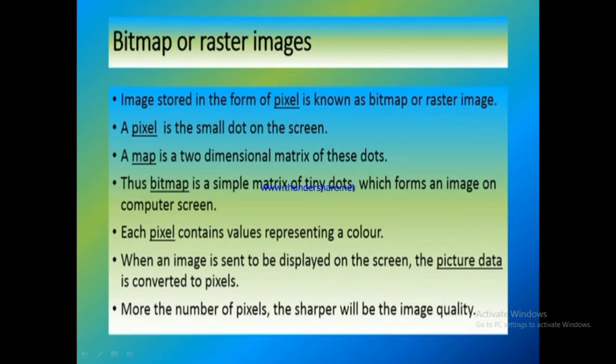Bitmap image file formats like .gif, .jpeg, .png use compression within the file itself. When we enlarge the image, it is enlarged using mathematical calculations. Different types of image files and their explanation.